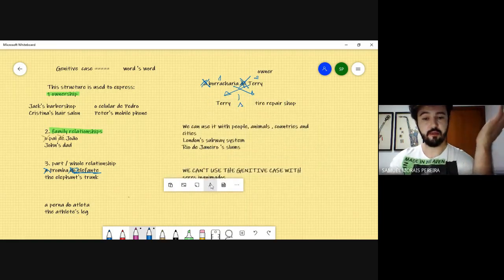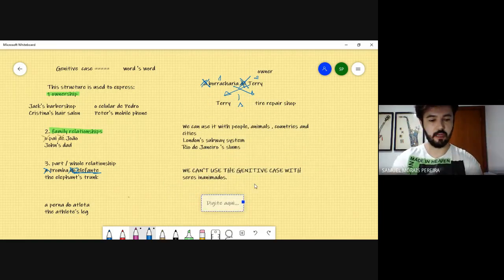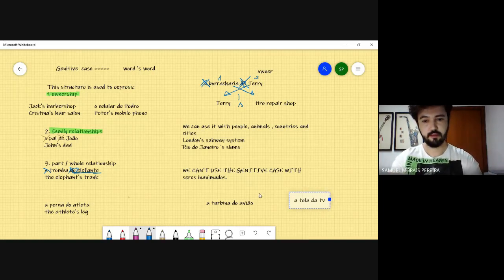We have examples like, for example, a turbina do avião. Deixa eu apagar aqui, a gente fazer com uma letra menor, olha. A turbina do avião. Another example. A tela da TV.